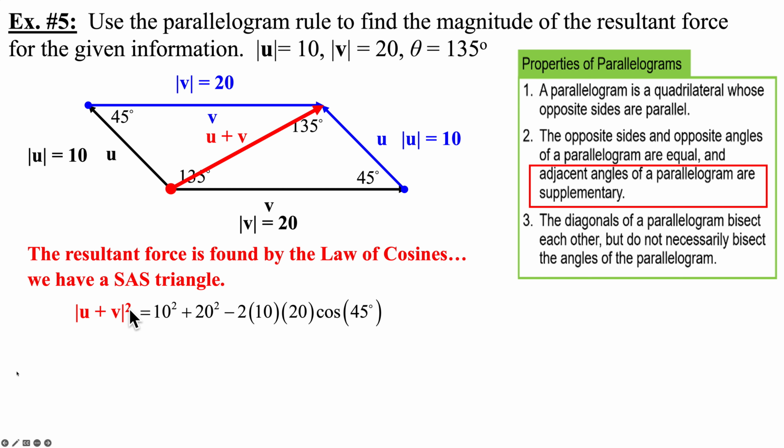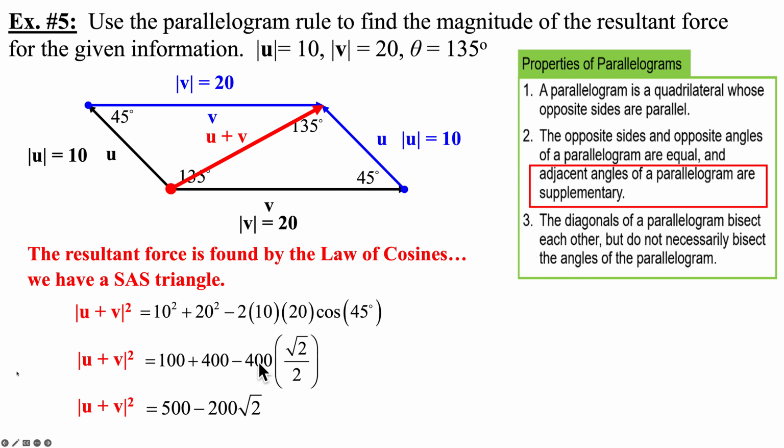Because we are squaring this, we're going to have to take the square root eventually. So if we crunch the numbers, we have 100 plus 400 minus 400 times the square root of 2 over 2. So adding the 100 into 400 is 500. Dividing the 2 into that 400 gives me minus 200 square root of 2.